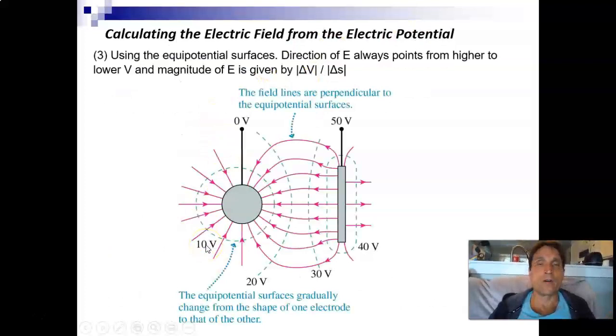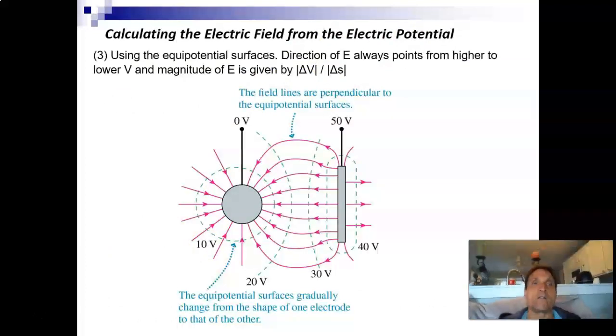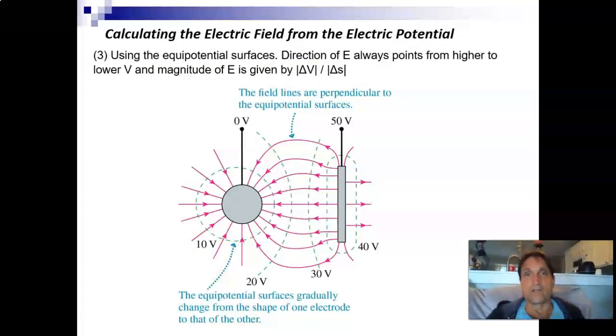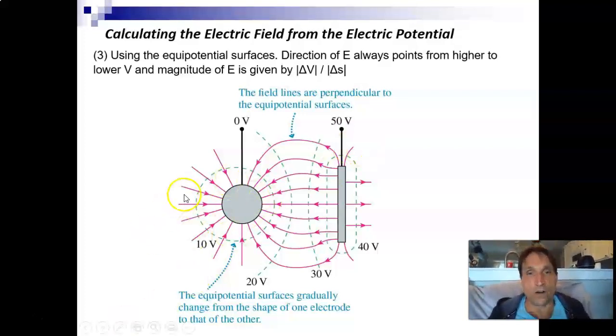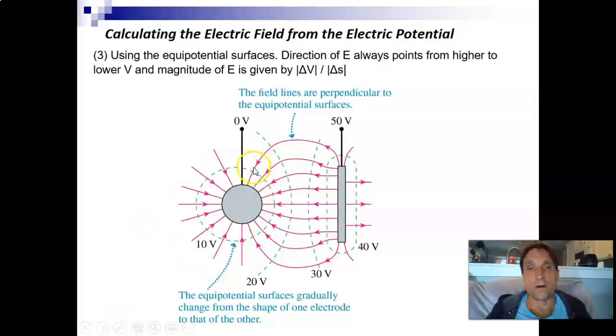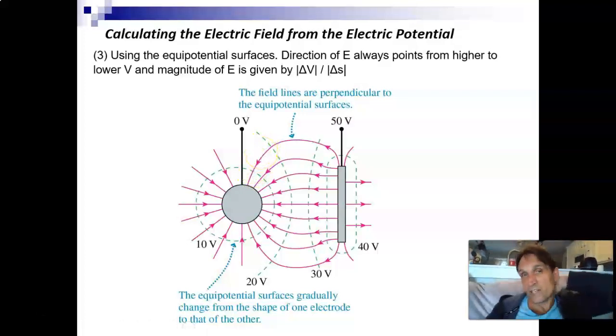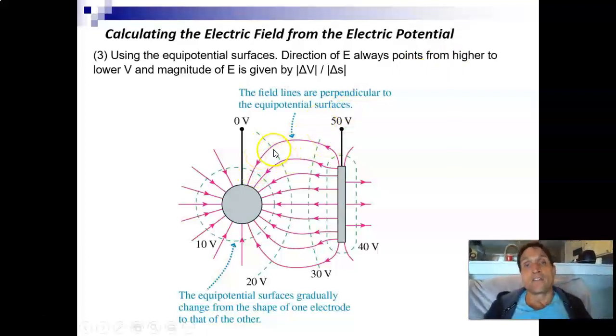Finally, the third way is we know that the equipotentials are points of constant potential, and the electric field is perpendicular, so we can get the change in the potential divided by the change in distance, and it's the negative of that. So a third way, we'll do an example in a minute, we did an example in the last classes, is from the equipotentials.